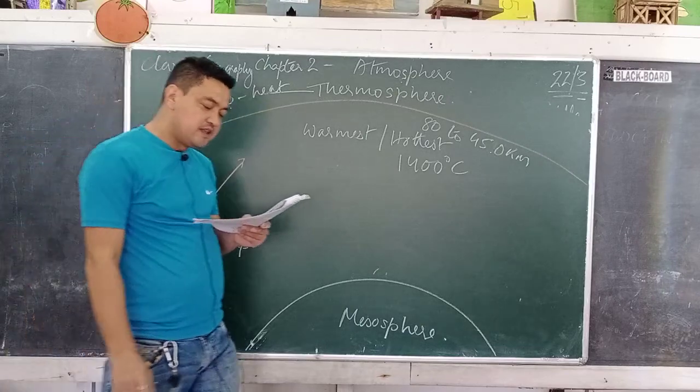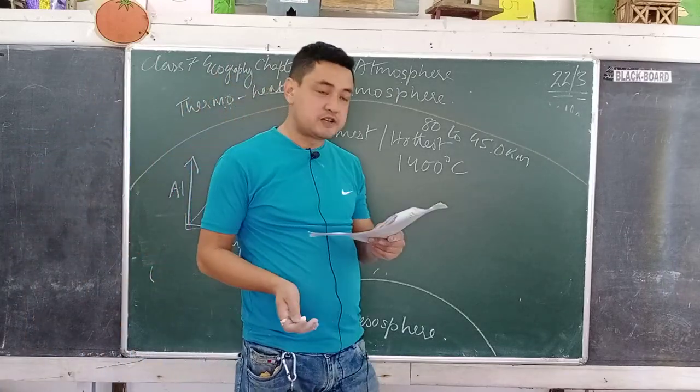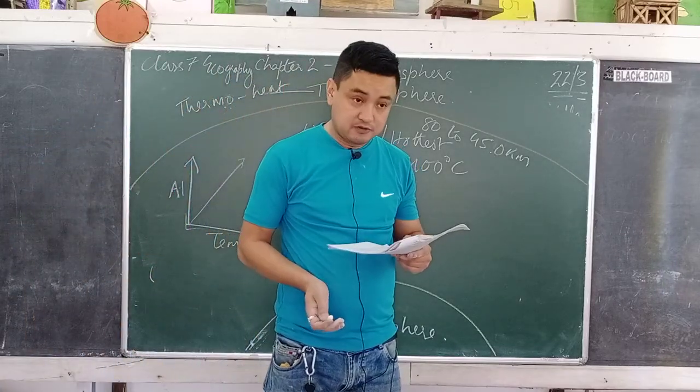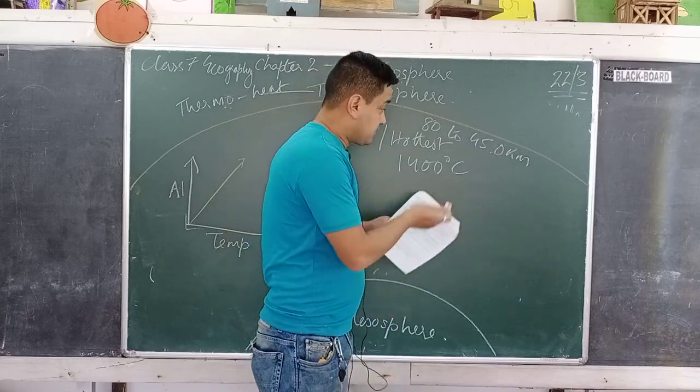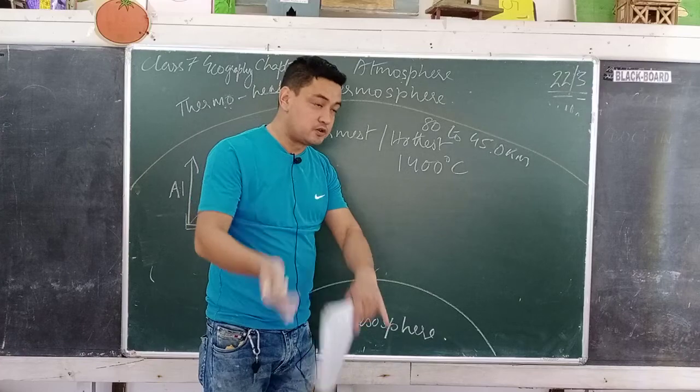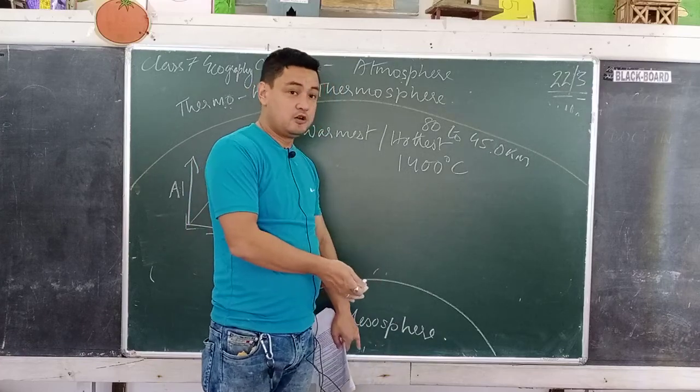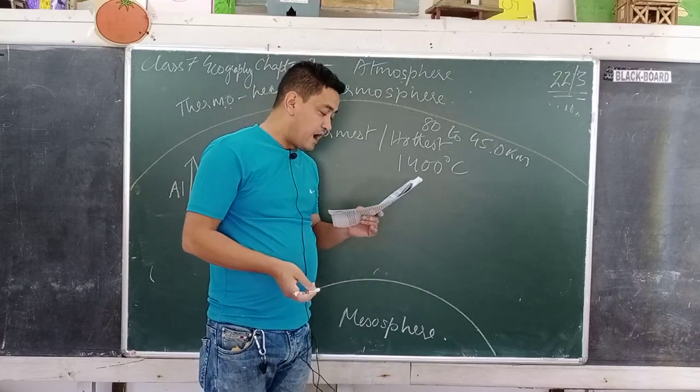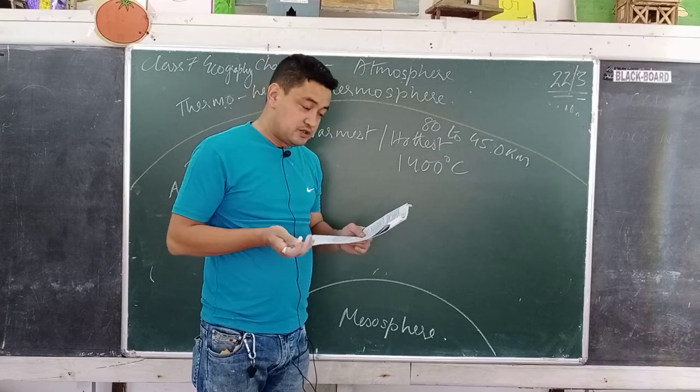This layer absorbs various types of solar radiation. And why does the temperature rise in this layer, not in the mesosphere, not in the troposphere, or not in the stratosphere? Because you find various types of solar radiation in this layer.